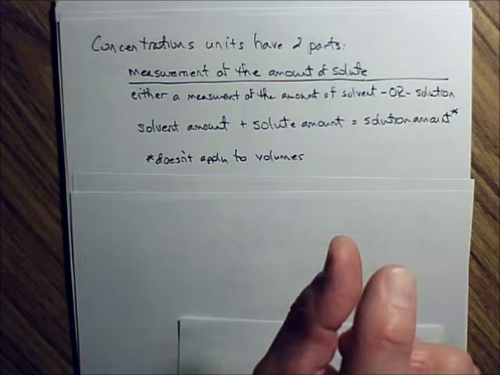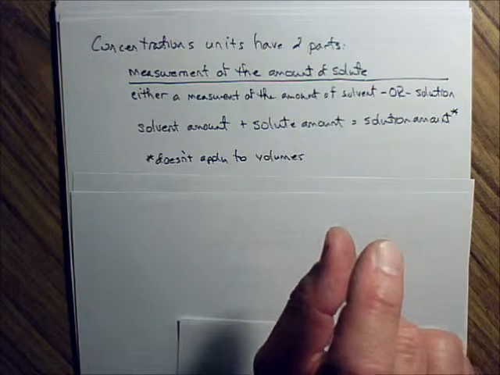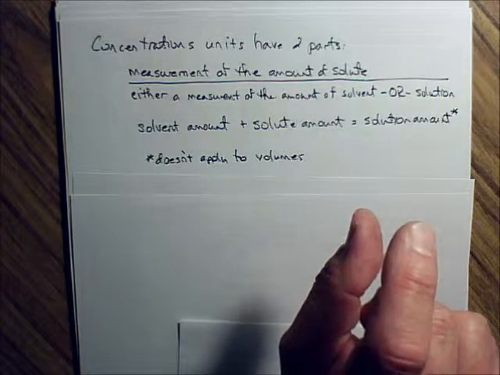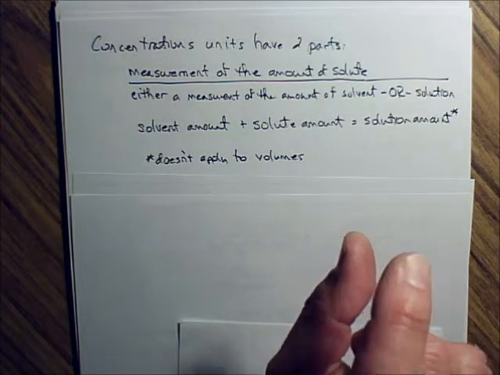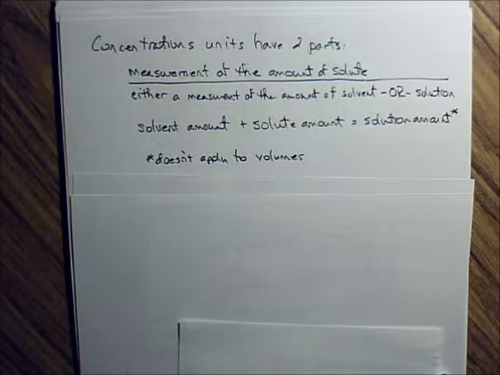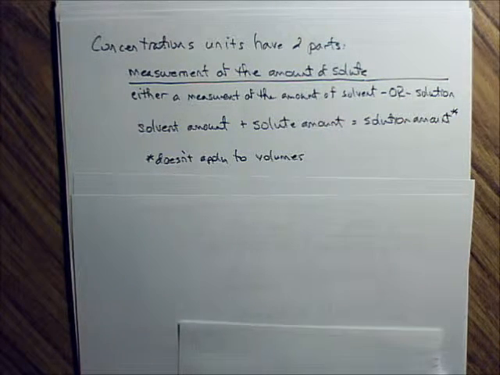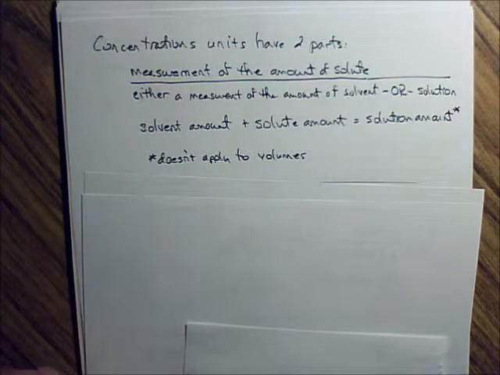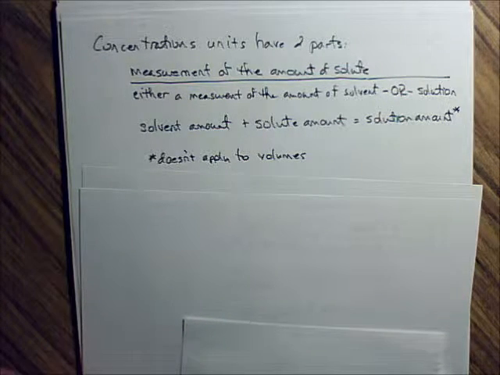So the water in the cup would have more volume than that same amount of water, the same mass or moles of water, with the salt added to it. Because the salt disrupts the way that water molecules interact with hydrogen bonding. So that seems kind of strange, but that does happen.